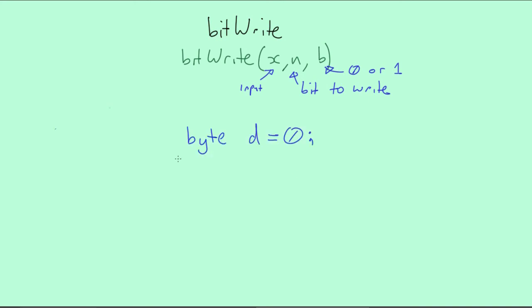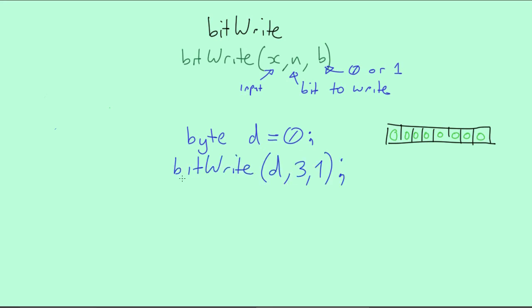I've got a variable called d. For this variable, I've written 0 in decimal, and what that means is that in binary, it's all zeros. We then write bitWrite. Now you'll notice that I'm not storing anything here because I'm changing d.